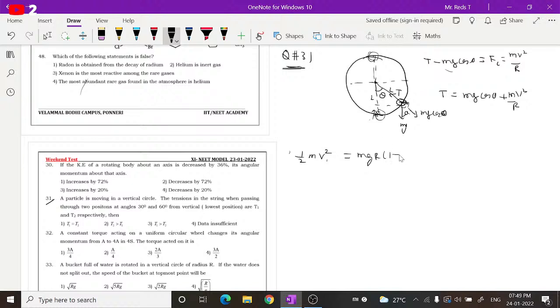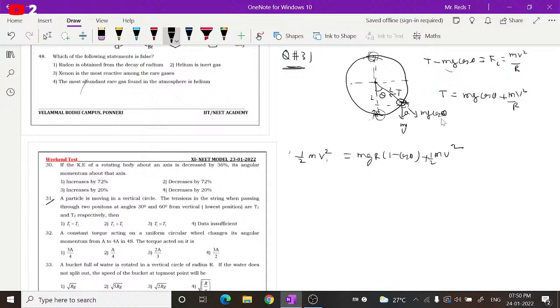So mg r into 1 minus cos theta will be mg h, plus at that particular point the velocity will be v, so its kinetic energy is half mv square. Got it? By making use of this, you can substitute here and simplify.